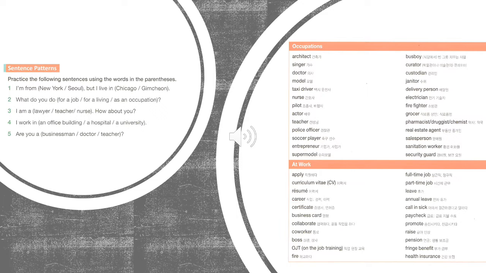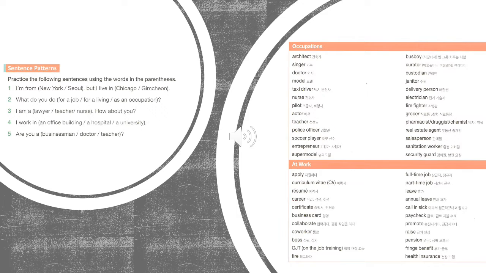So we have some jobs like architect and taxi driver and nurse, pilot, soccer player, entrepreneur, busboy, janitor, electrician, firefighter, real estate agent, salesperson, lots of different jobs.